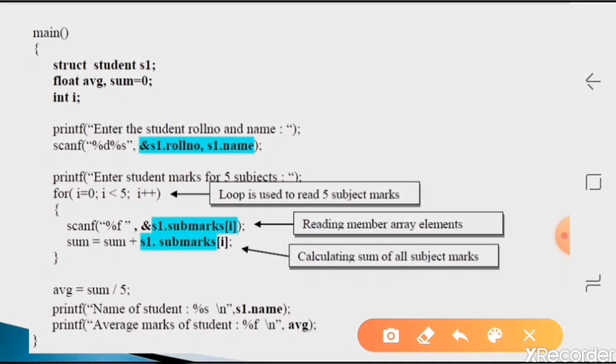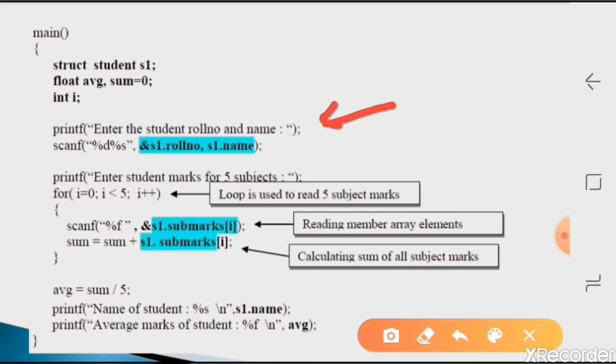Then we read the roll number, name, and one student's 5 subject marks. We write one printf statement to ask the user to enter the student roll number and name. We read them as s1.rollnumber and s1.name. Then we read 5 subject marks.